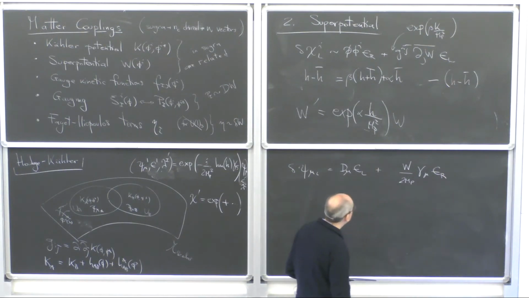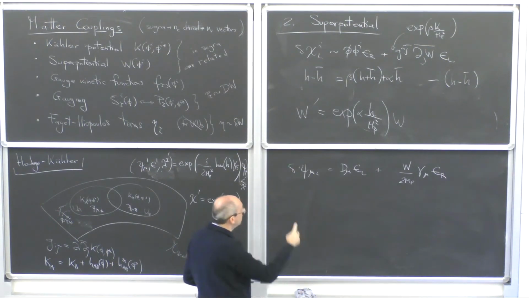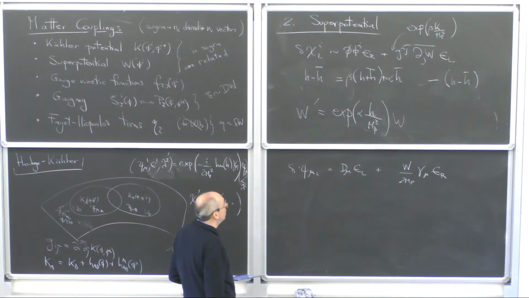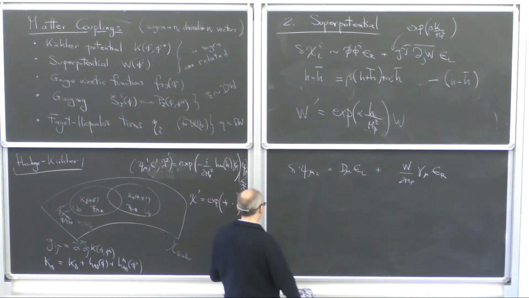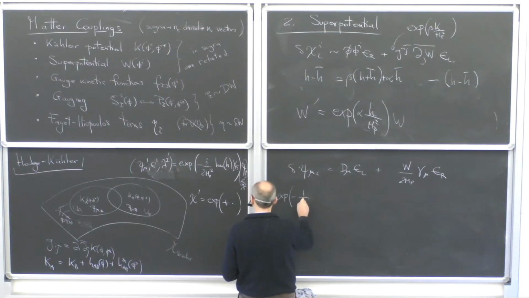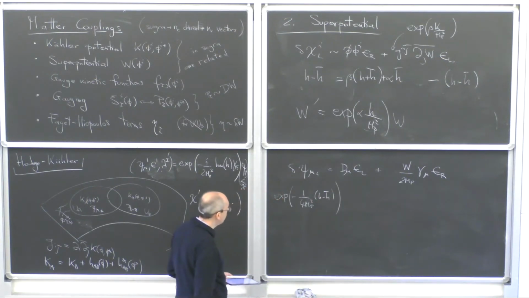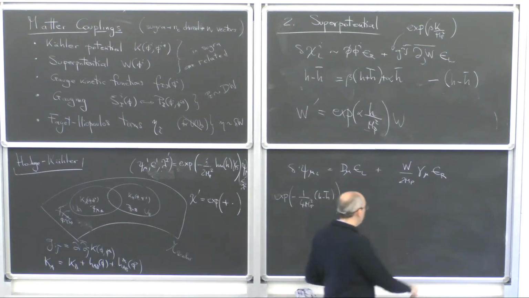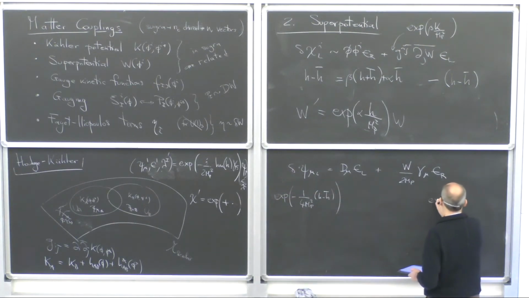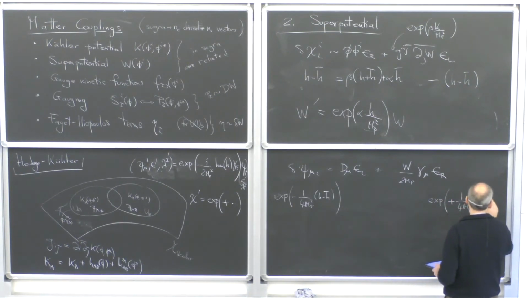And here you have exactly the same problem as the one that I have up there, which is the fact that if this transforms with the exponential of minus one quarter h minus h bar, this has an epsilon, right, which means it goes with a plus one quarter h minus h bar.